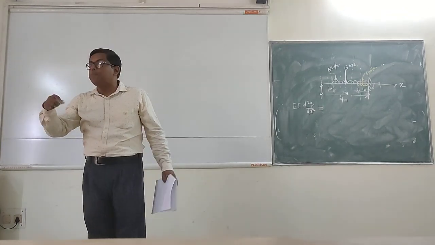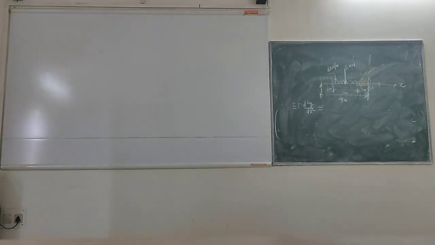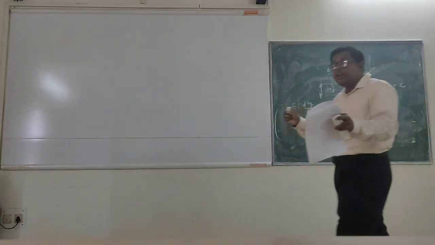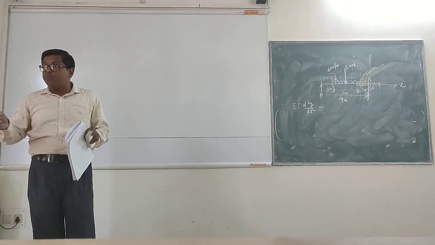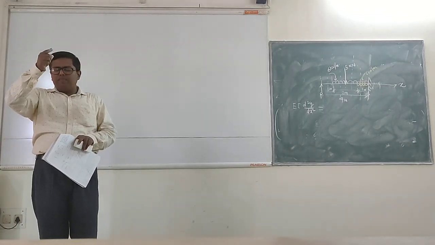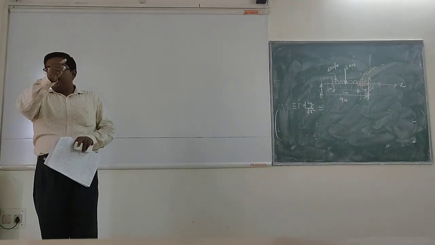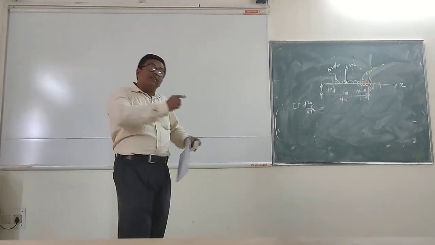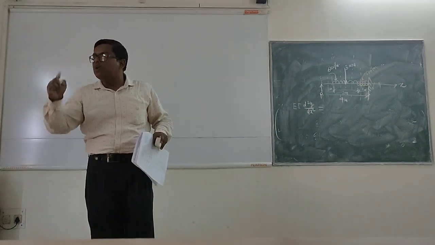So in case of a UDL problem, if the UDL is not distributed throughout the length of the beam, but only over half the length or some portion of the beam, and you want to approach this problem with a single x coordinate for the cross section, you should load it throughout and then apply a reverse direction load to nullify.